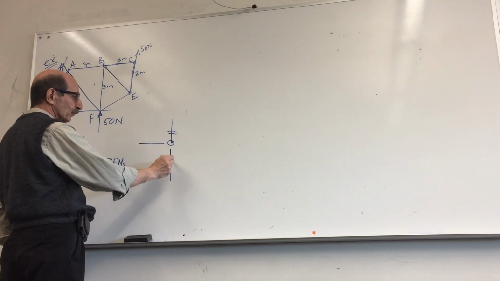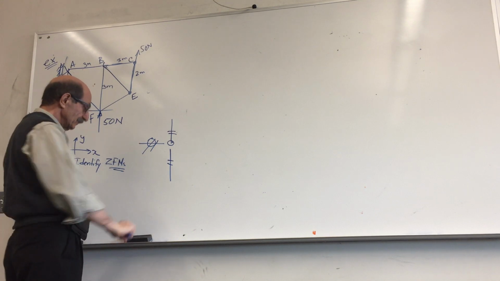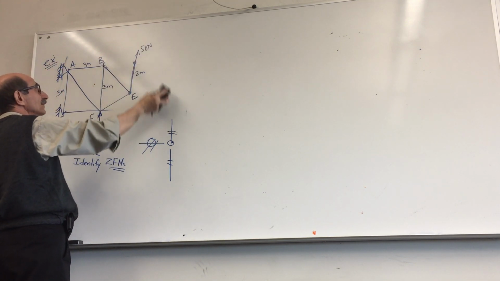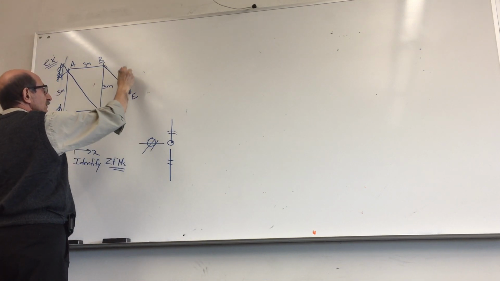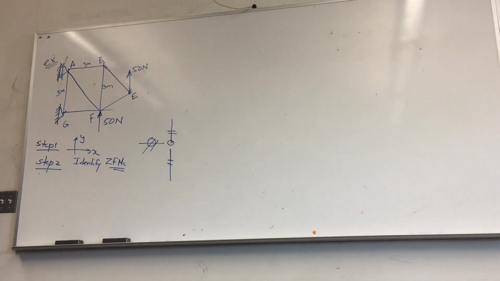Since these two are collinear, this has to be zero. So, in other words, this is gone. So that means that force is actually acting here, right? So that's how you simplify these truss problems, okay?